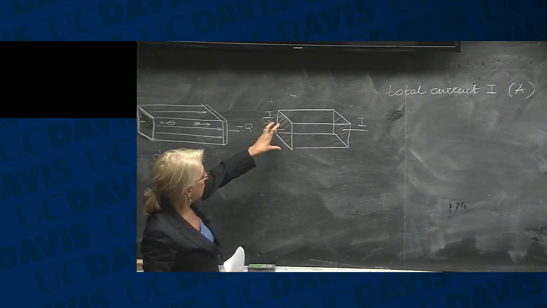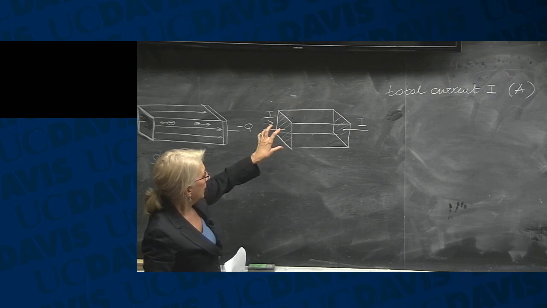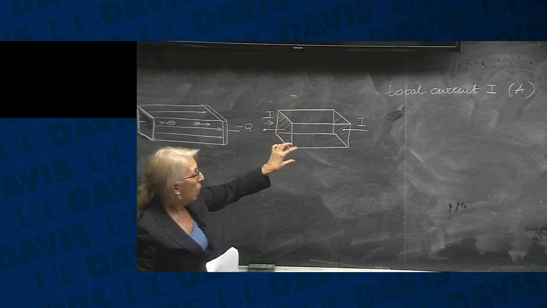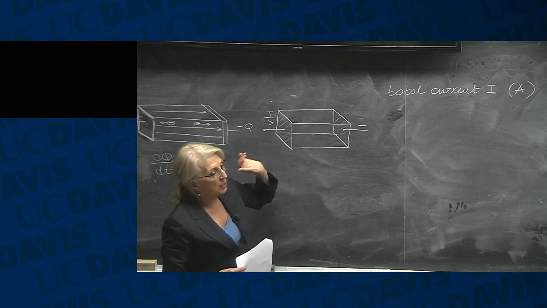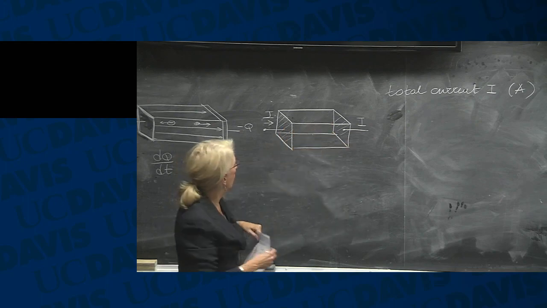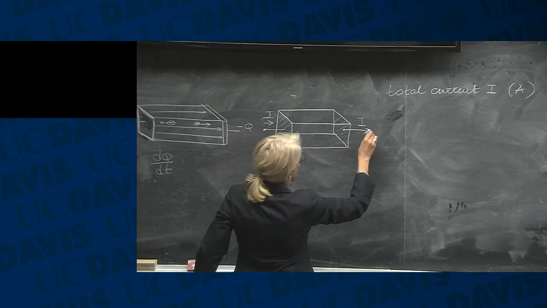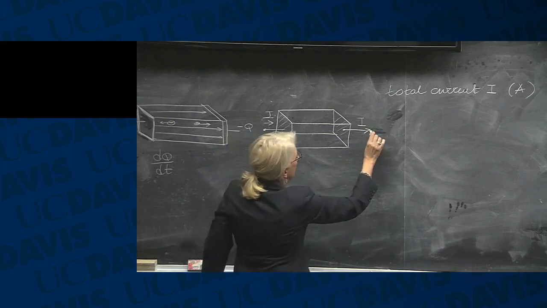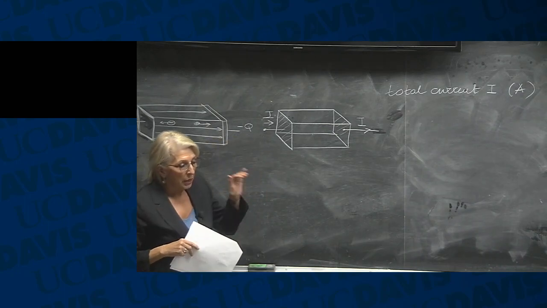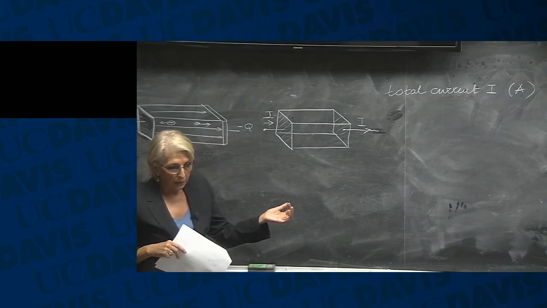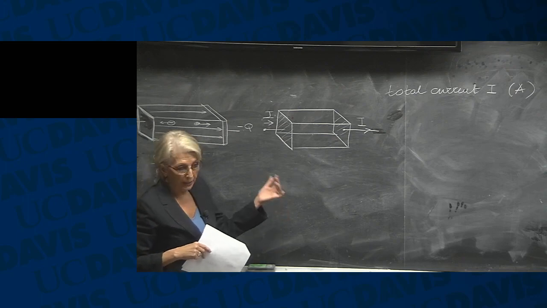The total current practically takes into account all of the electrons that are moving, or in fact, in this particular case, the positive charges, because we go along this direction, the direction of the positive charges. But the total current takes into consideration the movement of all of those charges. So it's not a density.